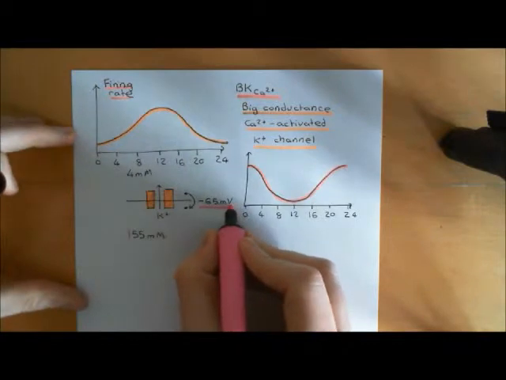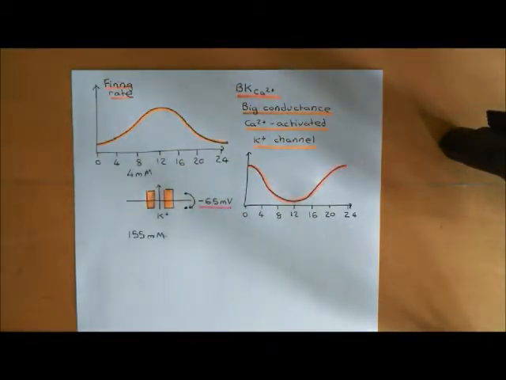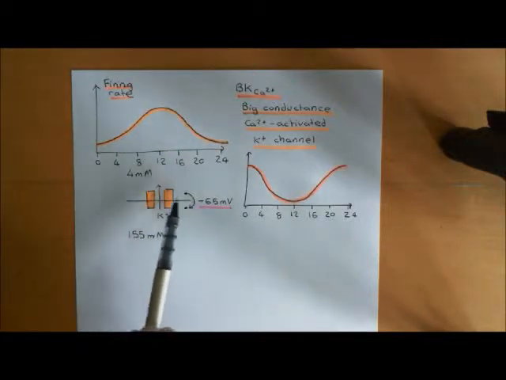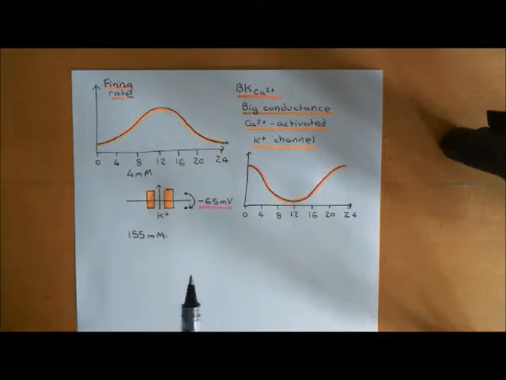Potassium ions are positively charged. They do want to go where the electrical potential is lower, and at present that is the intracellular compartment. So actually the electrical gradient says the opposite thing to the concentration gradient.